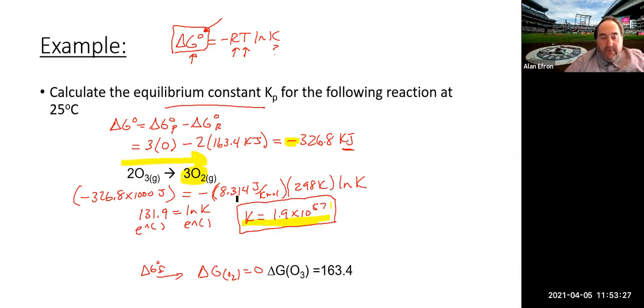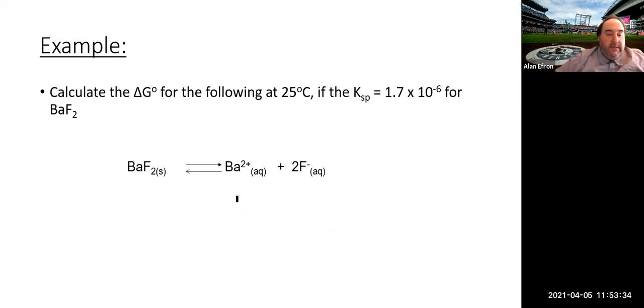So why don't you give the next one a go and see what you come up with. In this case, we're looking for the delta G naught at 25 degrees, and we're given a KSP value. That obviously is an equilibrium constant, so again, we would want to use the equation that has our equilibrium constant in it.